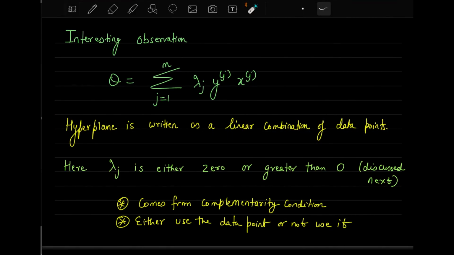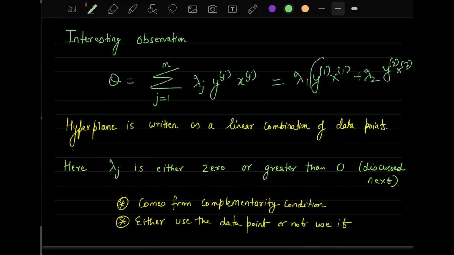As you can see, it's a linear combination because it can be written as lambda 1 y1 x1 plus lambda 2 y2 x2. These are your data points, and you are combining them by lambdas. That's why it's a linear combination of data points.